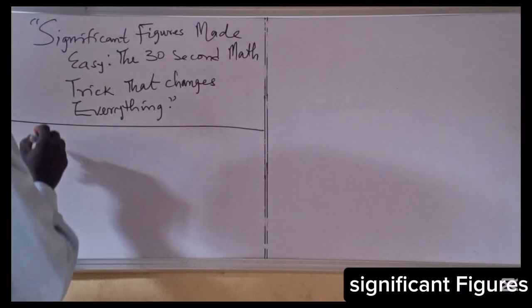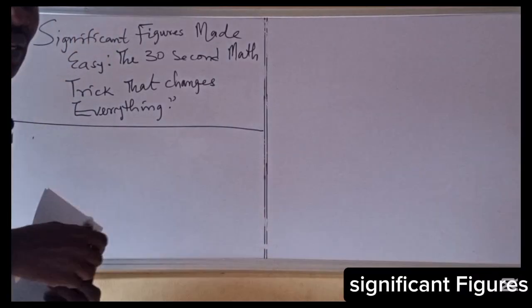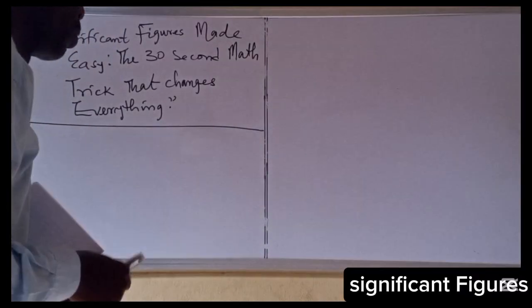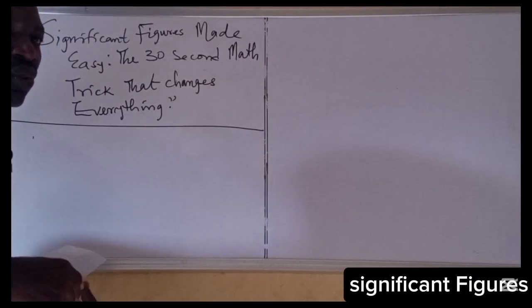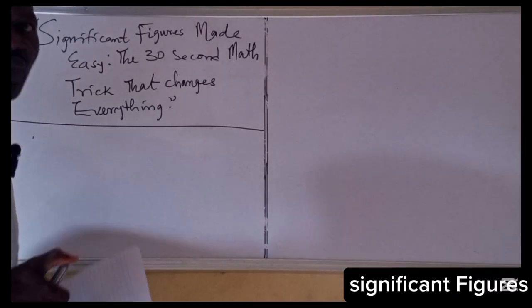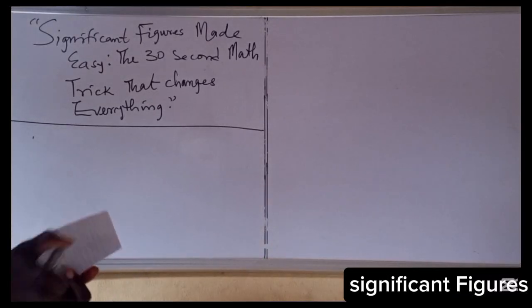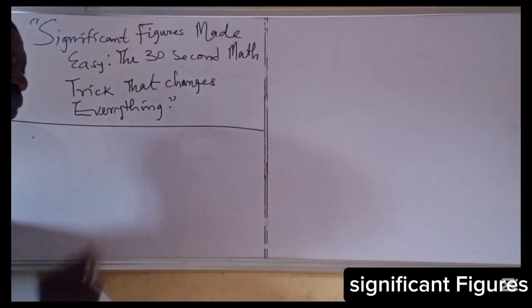Significant figure is also a way of making approximation. When you are given a particular number, you'll be told to approximate to maybe one significant figure, two significant figure, three significant figure, four significant figure.